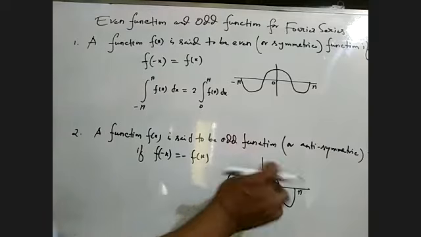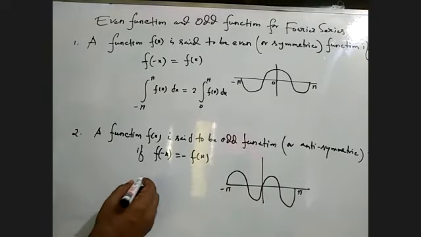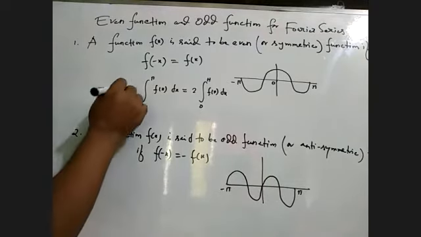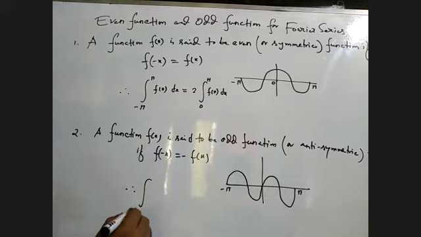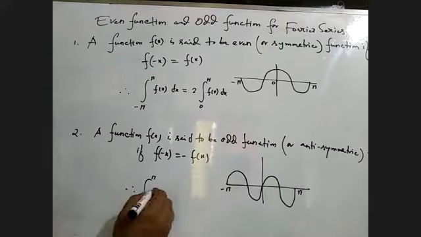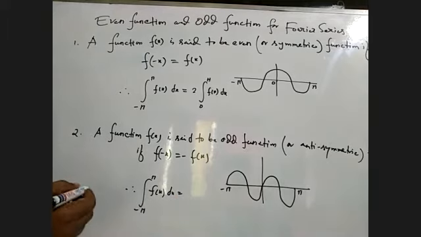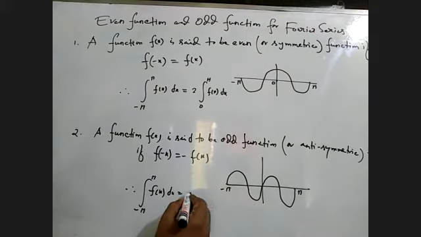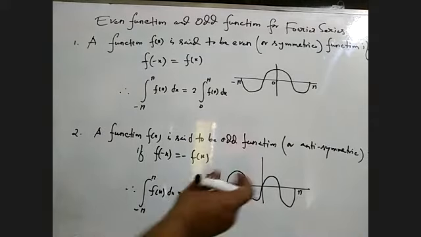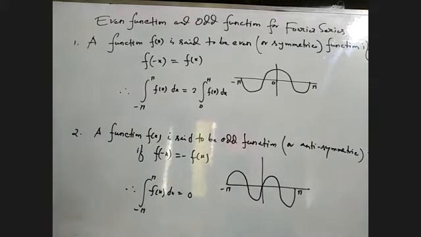Actually, this is an antisymmetric curve. In that case, the total area from minus pi to plus pi of this curve will be 0. Remember it, because this is the antisymmetric or odd function.